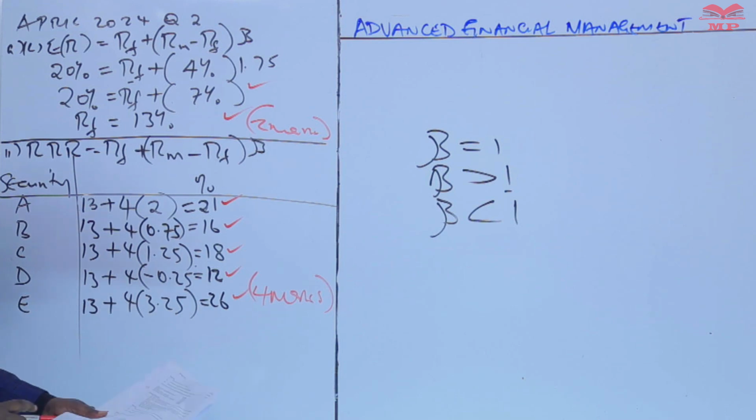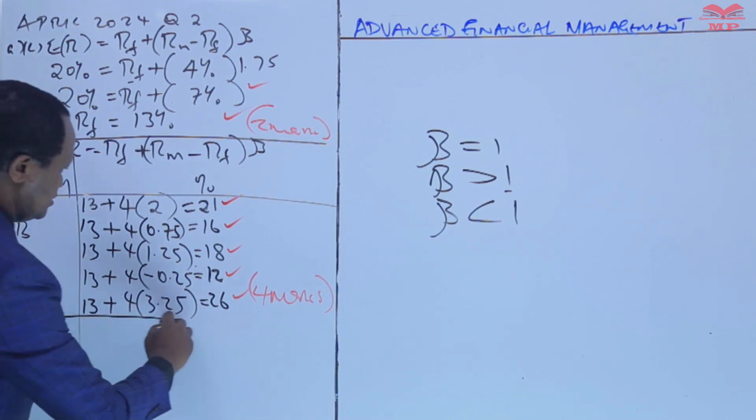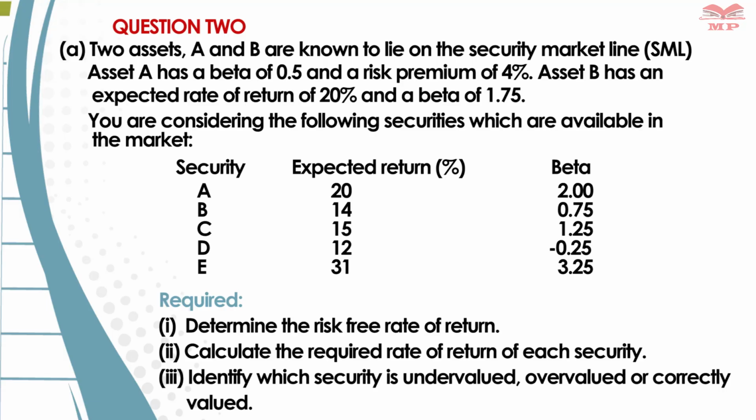Now let's answer the second part. This second or third. Identify which security is undervalued, overvalued, or correctly valued.